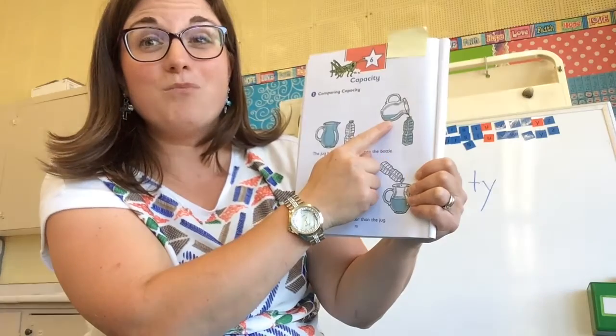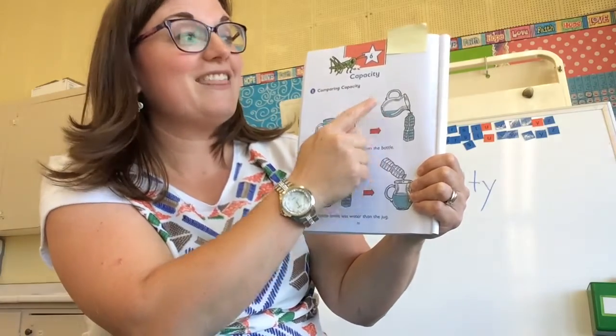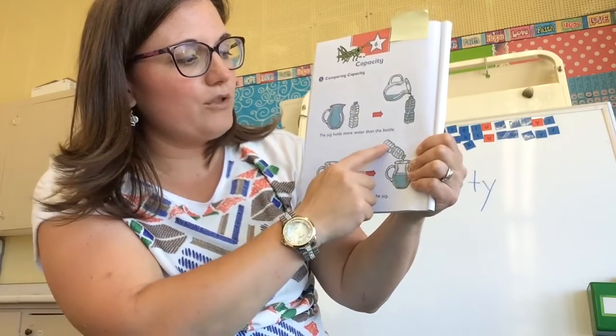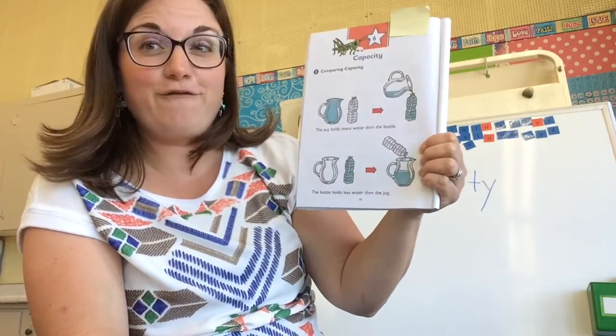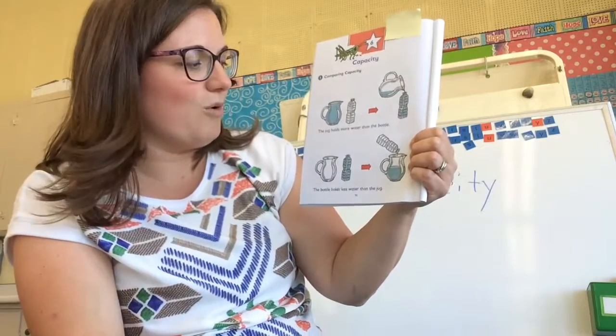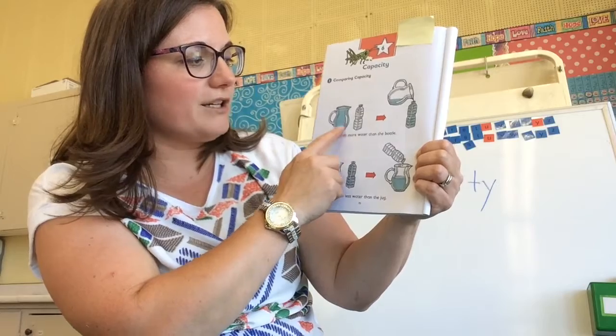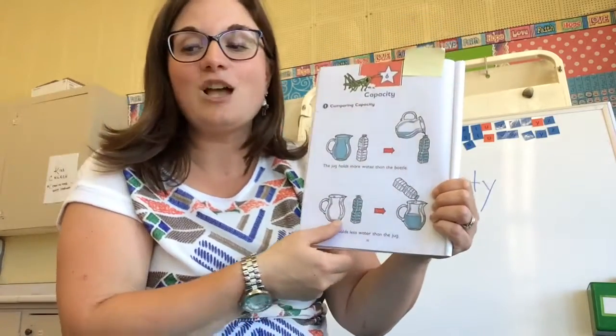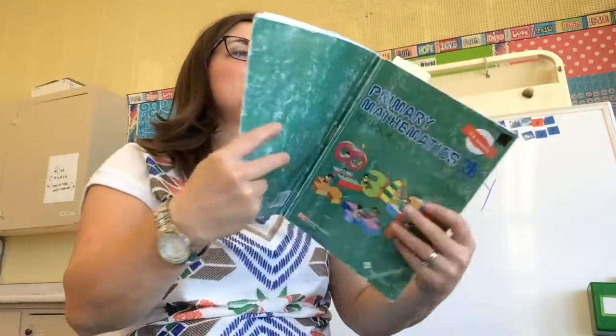So which one holds more water? The jug does. This time, if I pour the water bottle into the jug, does it fill it? It doesn't. So the jug can hold more. The jug holds more water than the bottle, and you could say that the bottle holds less water than the jug.